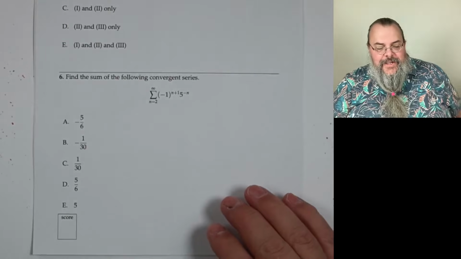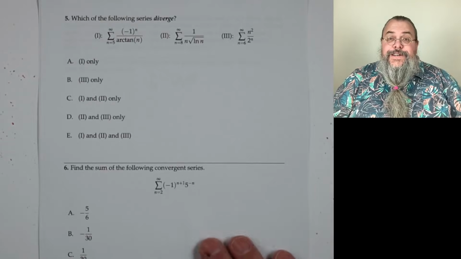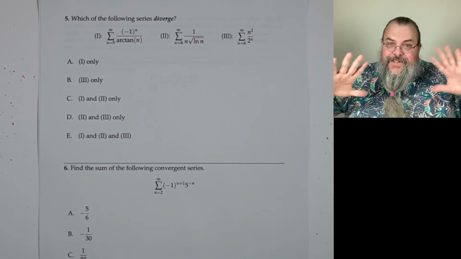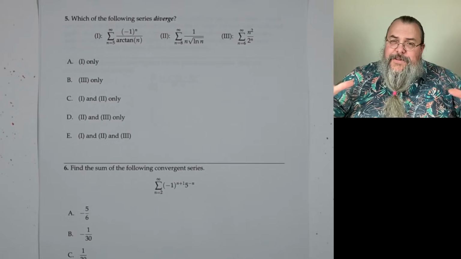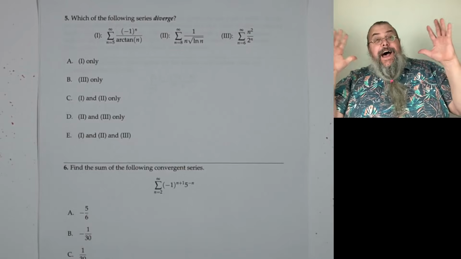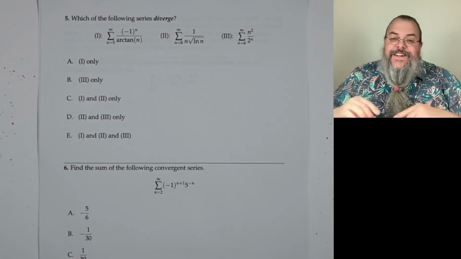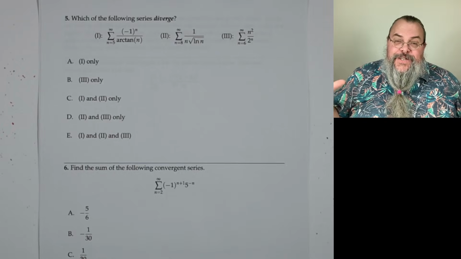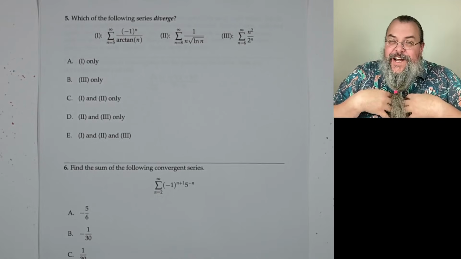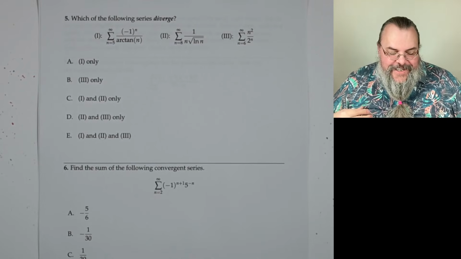All right, on to number 5. And I'll go ahead and say it. You're probably already suspecting it. I wrote this one too because there's an arctangent. Now, it's not true that every problem with an arctangent is one that I wrote, but it is true I like to write a lot of problems that involve arctangent.